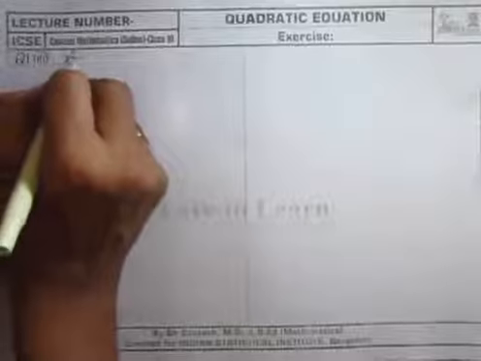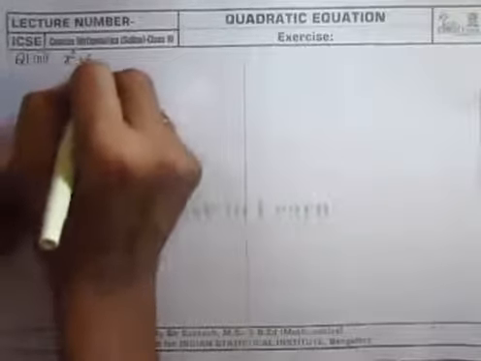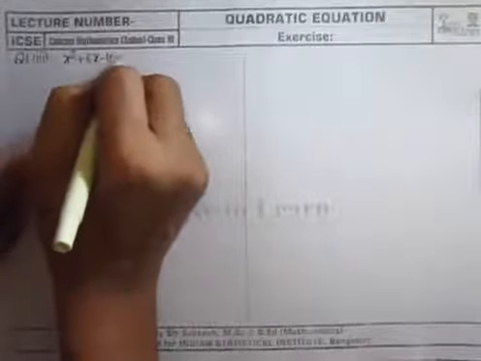Now question number 1, bit 3. x square plus 6x minus 10 equal to 0.